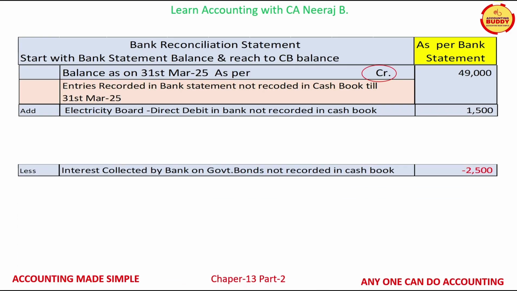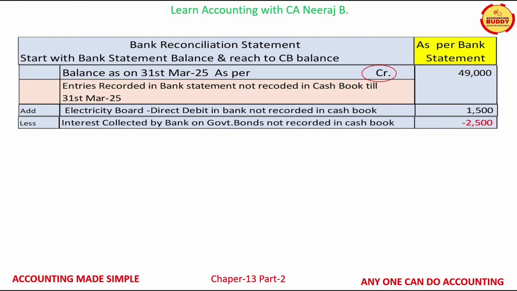An amount of $2,500 collected by the bank as interest on government bonds and credited to the account holder's bank account will increase the bank balance by $2,500. However, since this transaction is not recorded in the cash book till 31st March 25, the cash book balance is not increased by $2,500.